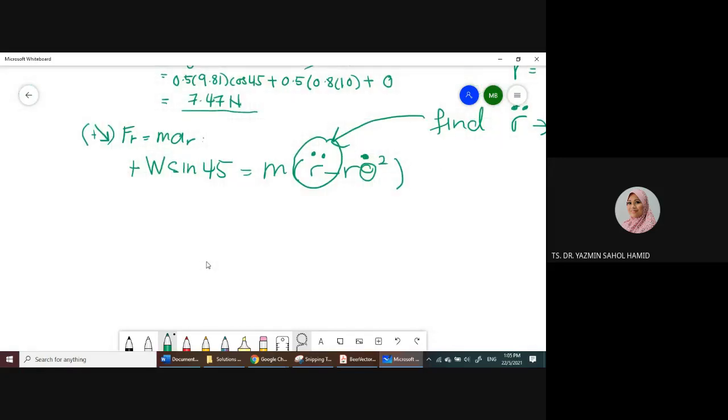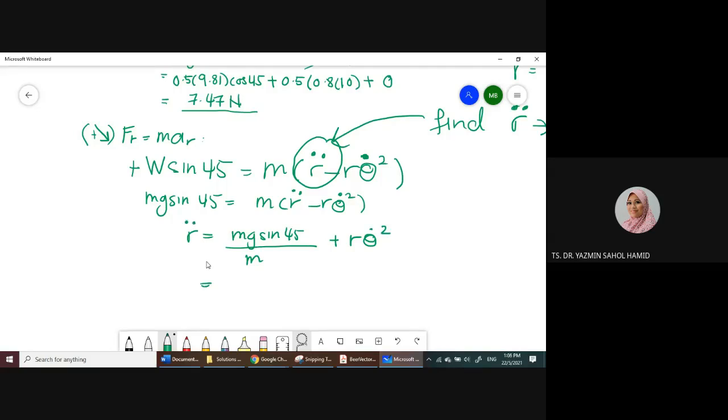Okay, where are we? So we want to find R double dot. So this one will be mg. You can proceed and calculate for me. You don't have to wait for me, you can calculate the answers quickly. So if we put R, this one will be mg sine 45, divided by m, and then this one will be plus r theta dot squared.